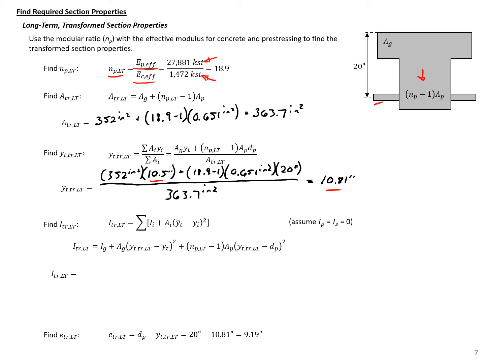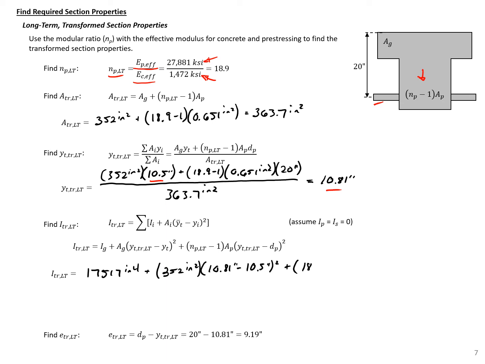Next, we need to find our transformed moment of inertia. So we have our gross moment of inertia, 17,517 inches to the fourth, plus our AD squared component, so 352 times (10.81 minus 10.5) squared, plus our AD squared component for our transform pre-stressing.